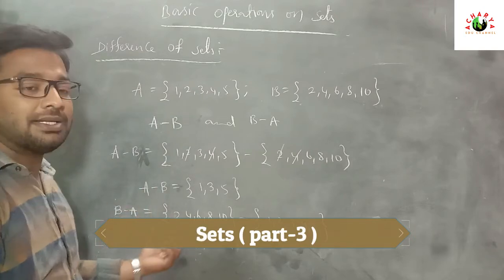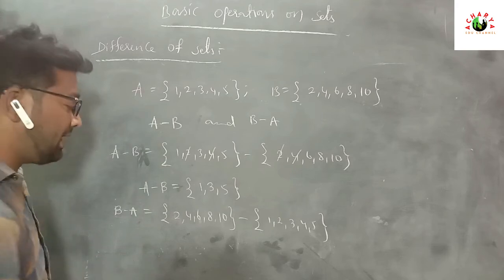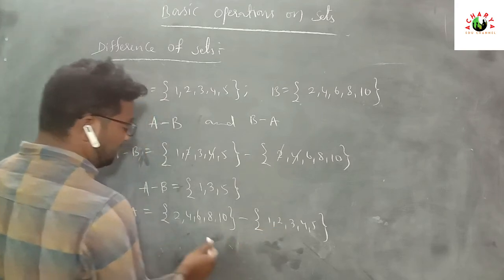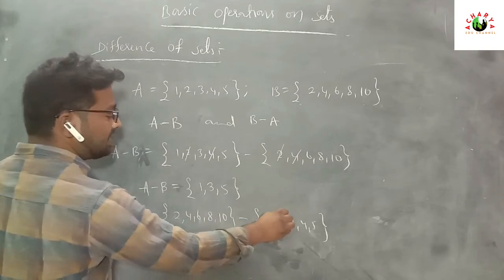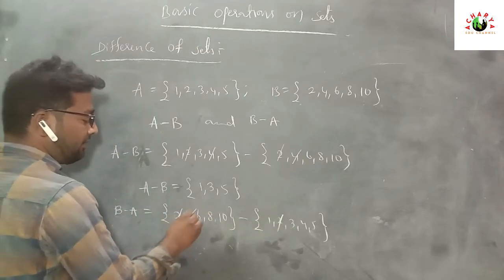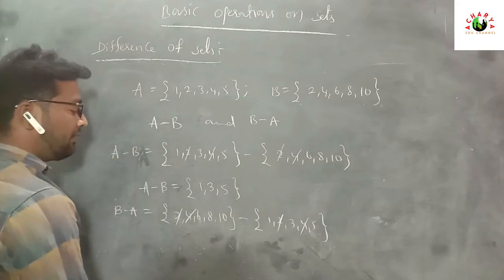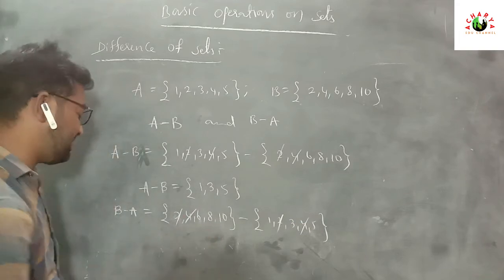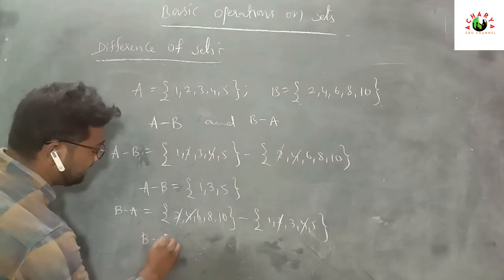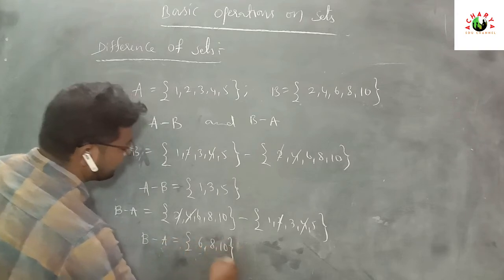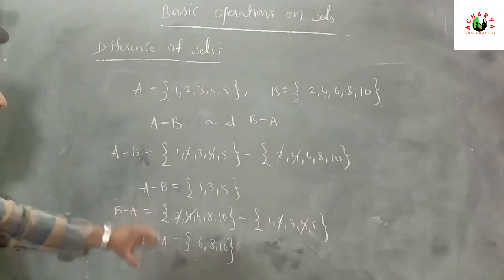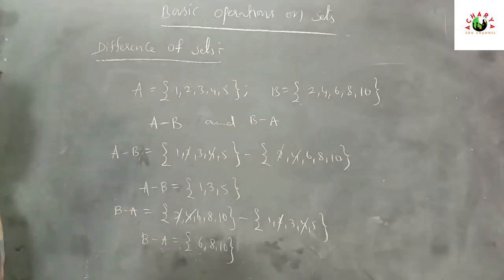The same elements we cancel: 2 cancel, 4 cancel. So the remaining elements in the first set give B minus A is equal to 6, 8 and 10.